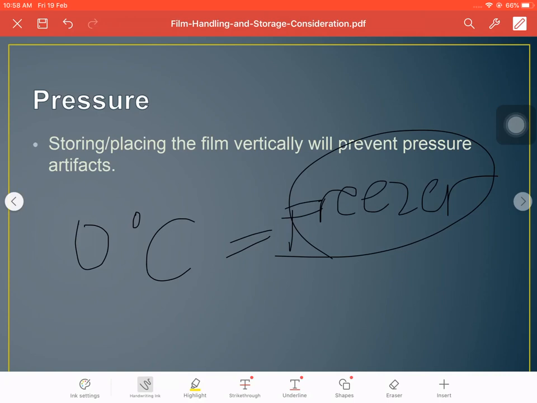We can use that only if we have warmed up our film at a temperature of 35 degrees Celsius or 85 degrees Fahrenheit. Once our film was frozen at 0 degrees Celsius, we can use that when we warm up those films at 35 degrees Celsius or 85 degrees Fahrenheit.